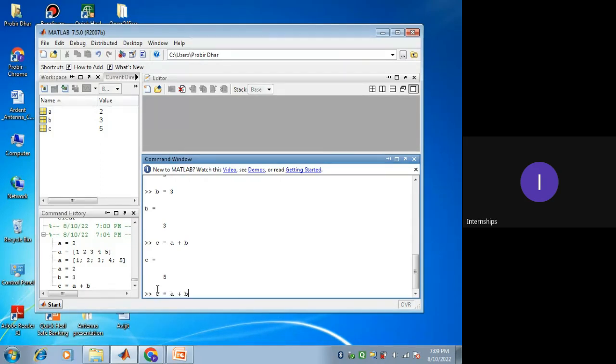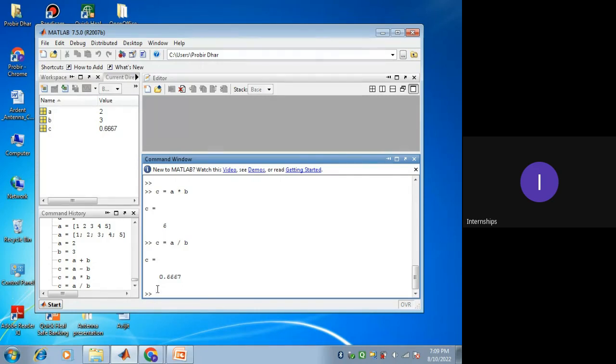Now, we can also perform subtraction, A minus B, minus 1. Similarly, we can multiply, 6. We can divide. This is the division. So this is the operation with single data.